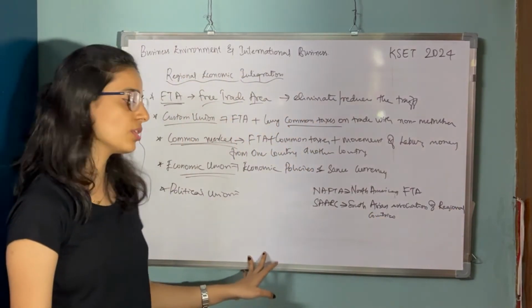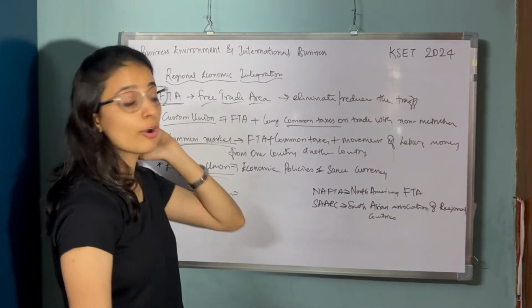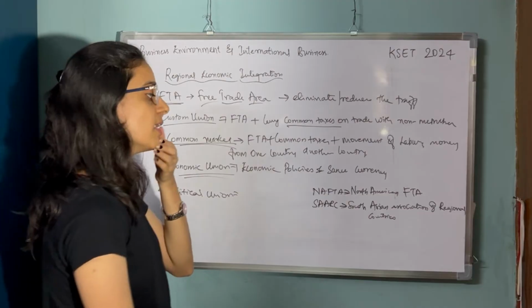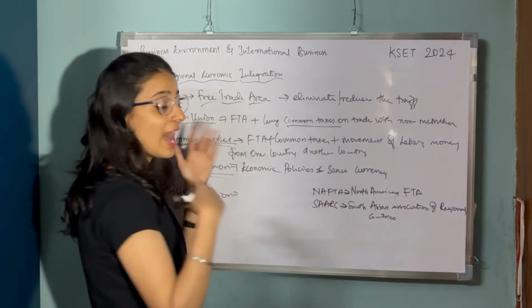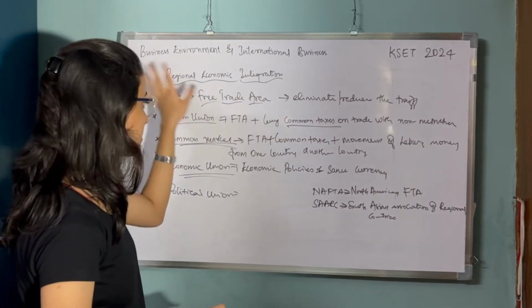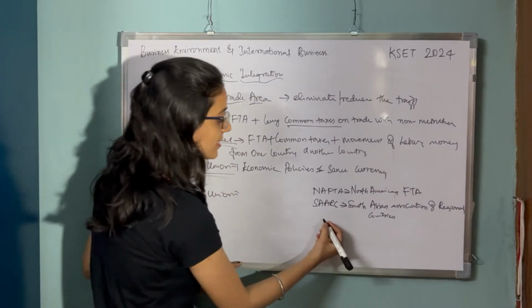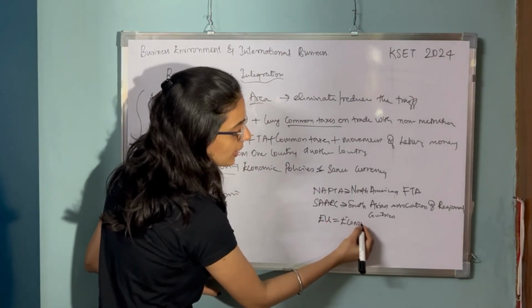It's the association of 8 countries. It's known as SAARC. So it's very important. Sometimes they may ask us to understand or match the following or full form related to a few of these concepts. So it's very important. Then there's something known as EU, which stands for European Union.